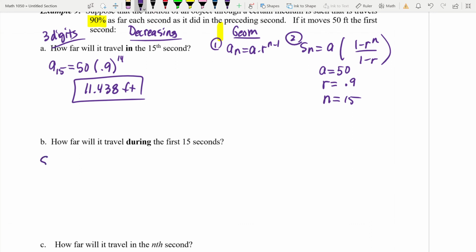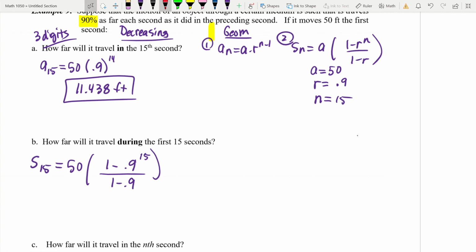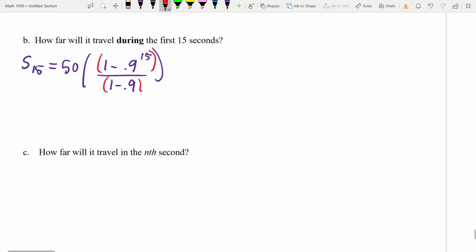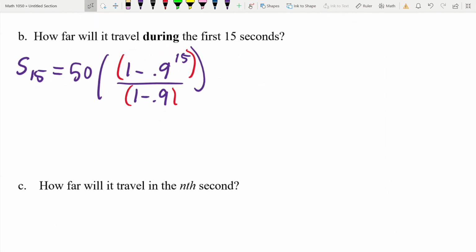So it's going to be the sum of the first 15 is a, which is the first one, which is 50, times 1 minus the ratio, which is 0.9, raised to the n, which is 15, over 1 minus 0.9. Okay, now I didn't put parentheses around the 0.9 because it's not a fraction. If you want to, you can. I'm not going to because I know I don't need to. And I'm going to add parentheses here and here. Okay, let's put it in together so we make sure we know what we're doing.